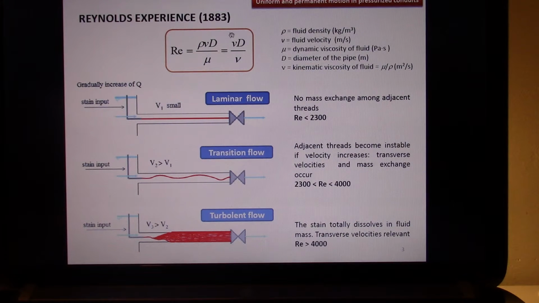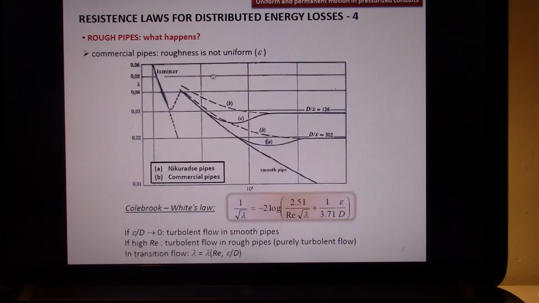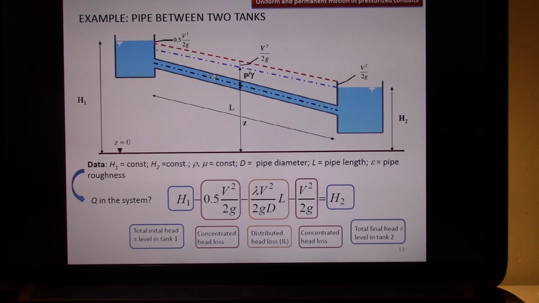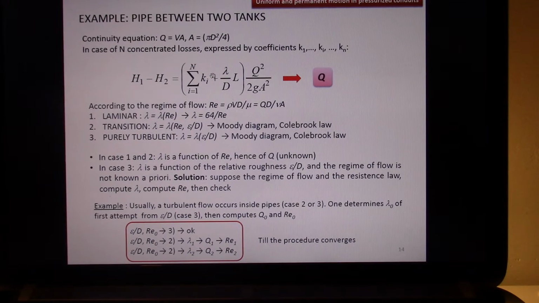So if I'm considering the velocity, it means that I'm considering the volumetric discharge, because remember that the average velocity of a flow in case of incompressible fluid describes exactly the volumetric discharge of your flow. So let's go on and come back to our scheme.